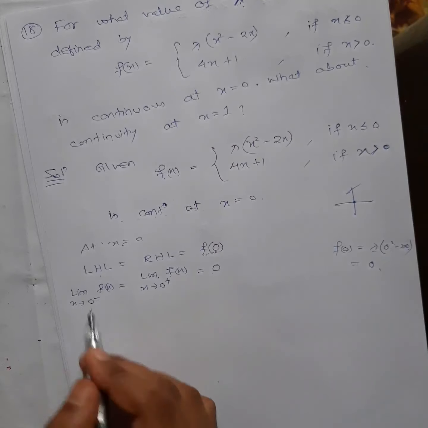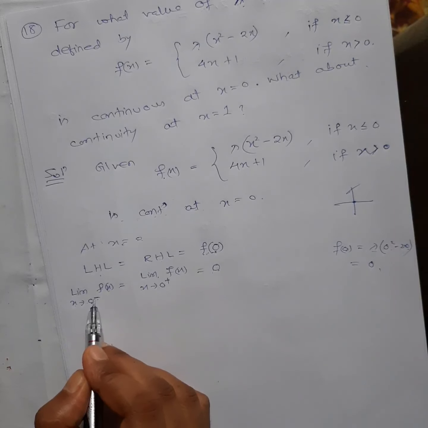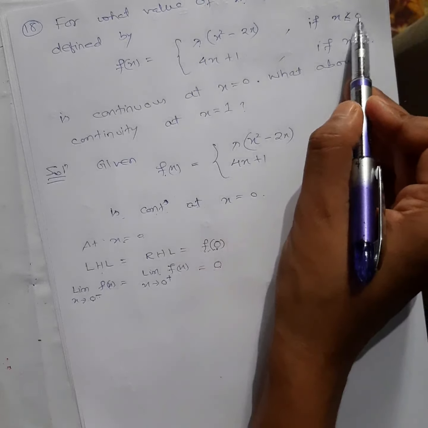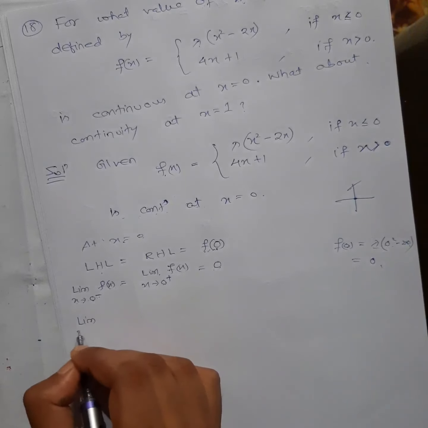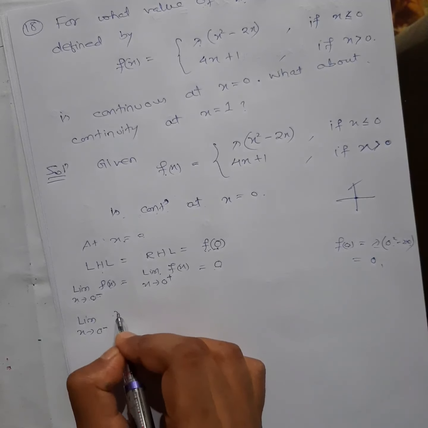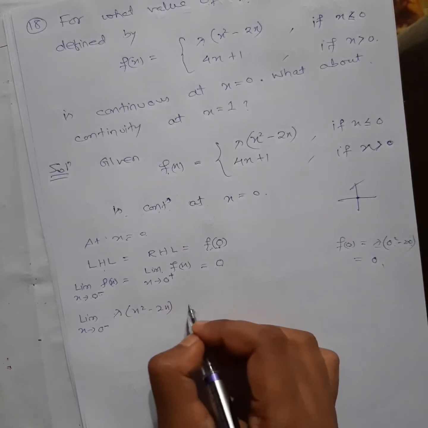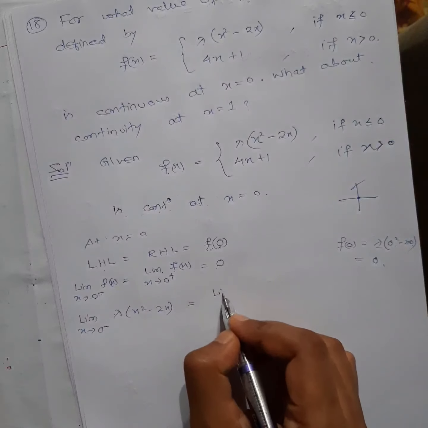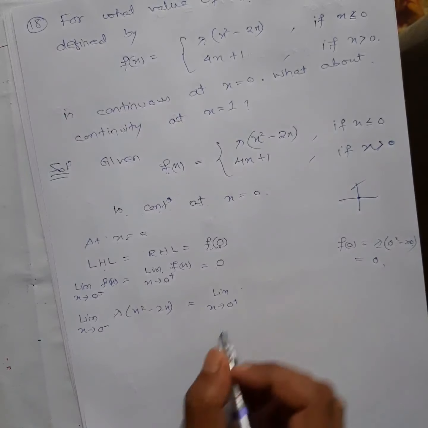From this only I have to make the equation. So let me write this down. Left hand limit: x tends to 0 minus means you are approaching from less than 0, so this will be the function. Limit x tends to 0 minus f(x) is lambda x square minus 2x. The right hand limit, limit x tends to 0 plus f(x), will be how much?